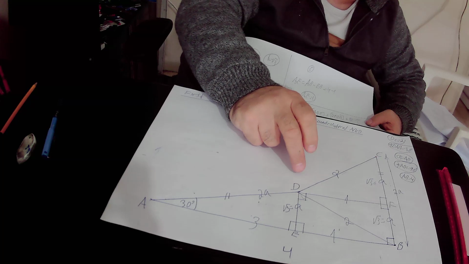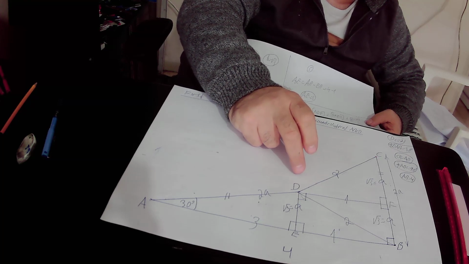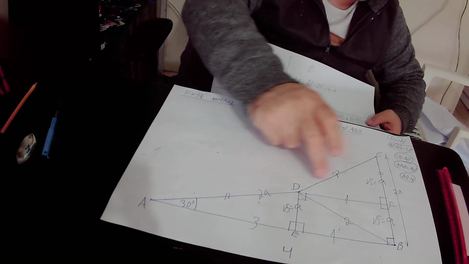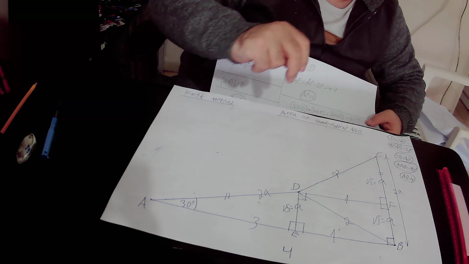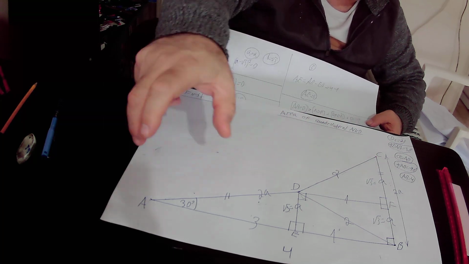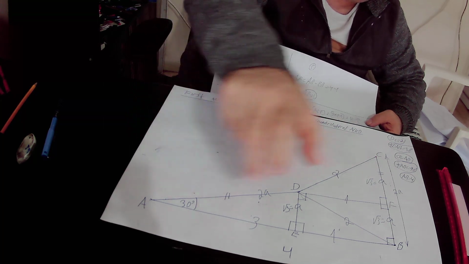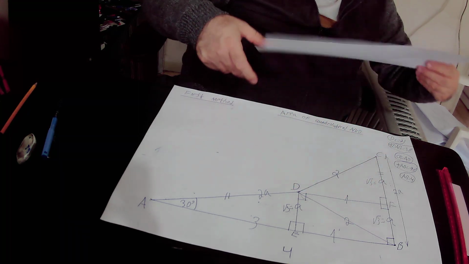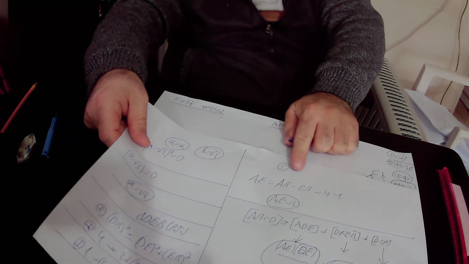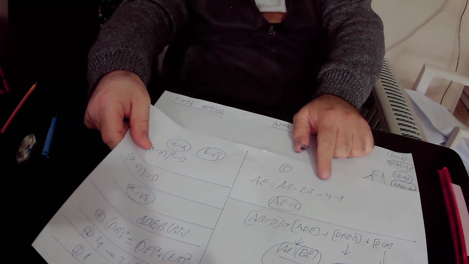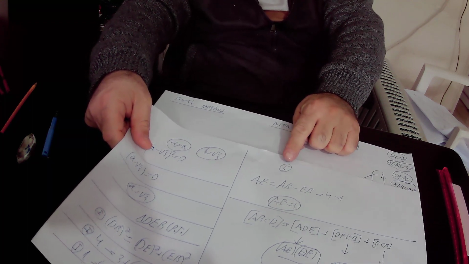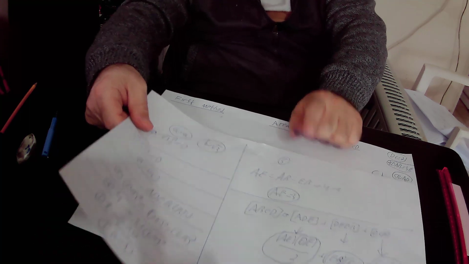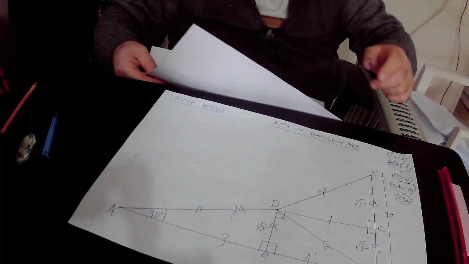But because the opposite sides of a rectangle are equal to each other, DF will also be equal to 1. And what is the value of AE? AE equals AB minus EB. AB is 4, EB is 1, so AE equals 4 minus 1. That is to say, AE equals 3 units.